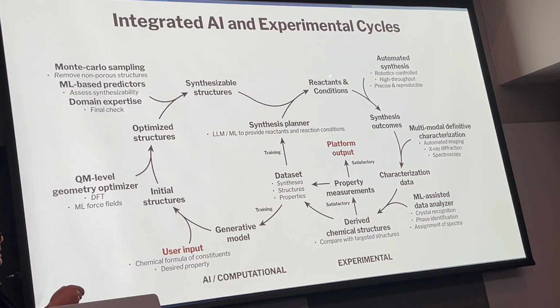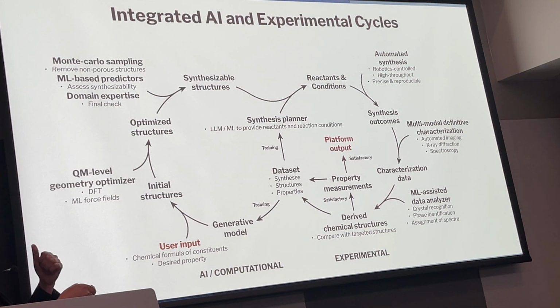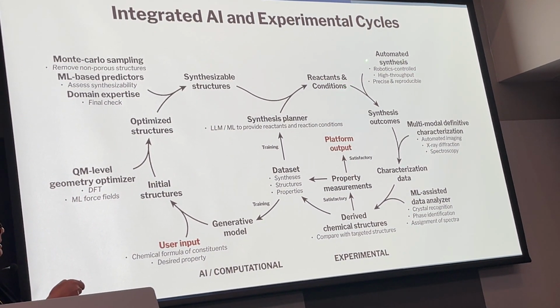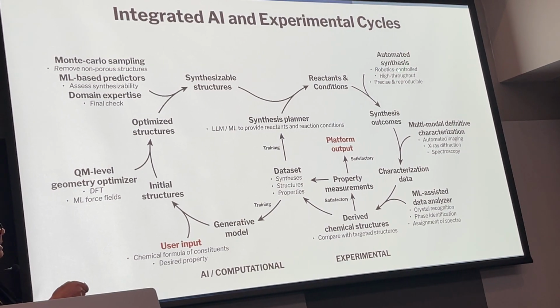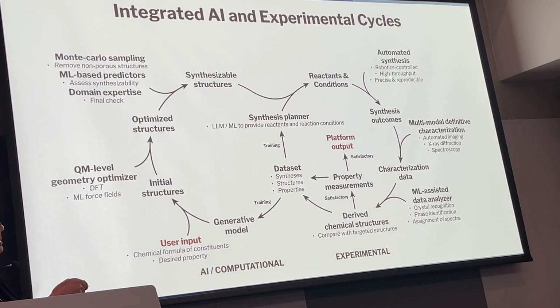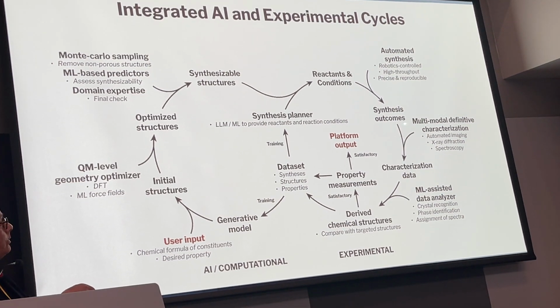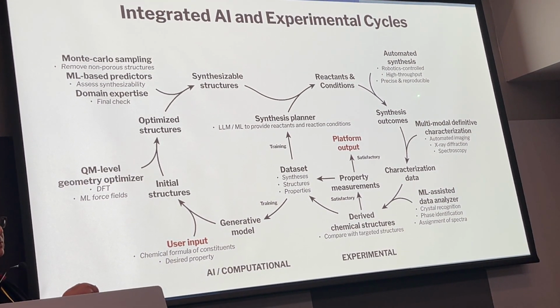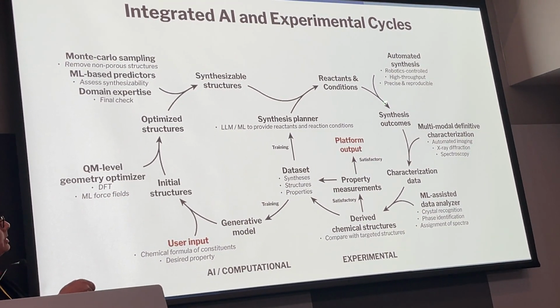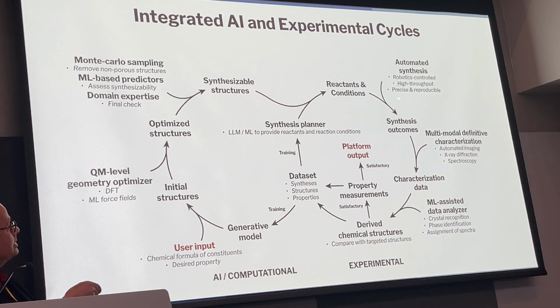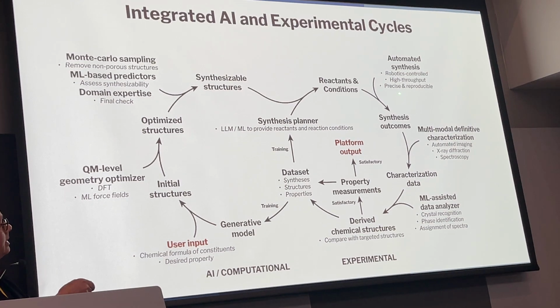So it will spit out some reaction conditions, such as temperature and solvent type. We subject it to an automated synthesis using robotics and high throughput, and we ensure that what we make is reproducible. We take extra care so that every time you do this under those specific conditions, you'll be able to do it, because later we want to scale it up.